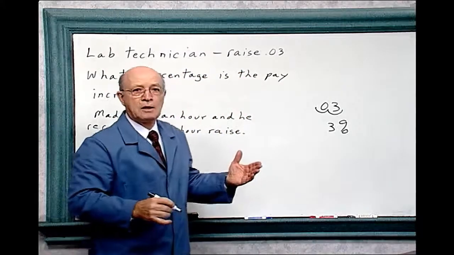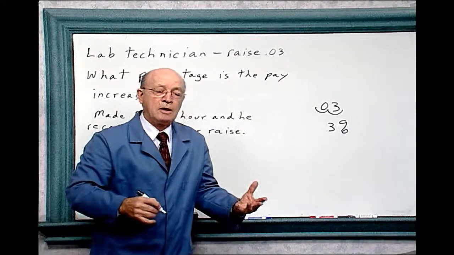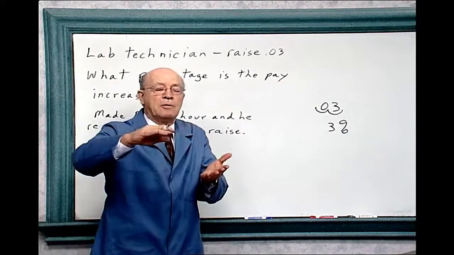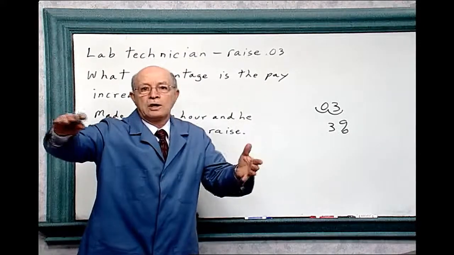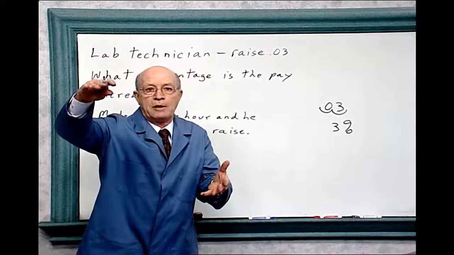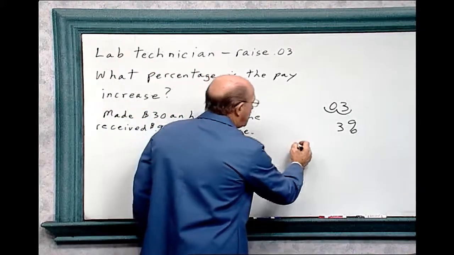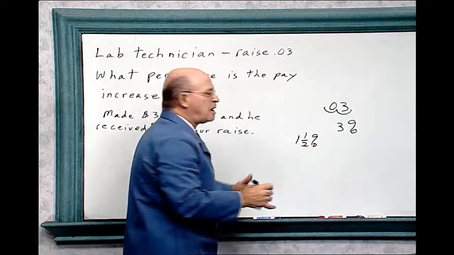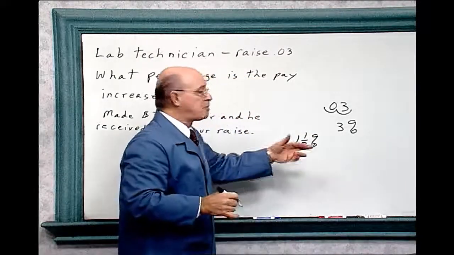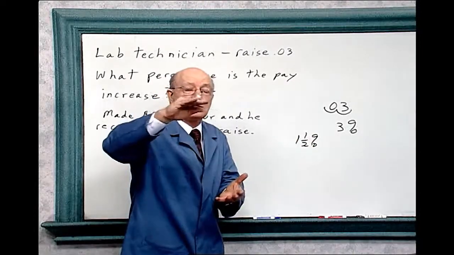Now, the cost of living was 3% for that year. He basically stayed the same. And usually that's what happens with workers and employees in industry when they're making top pay. But say now the cost of living was 1.5%, then in actuality he got a 1.5% raise because he's actually going higher than the cost of living.